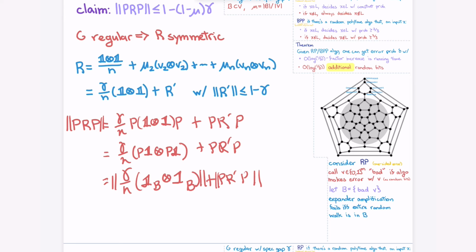Maybe just to make it simpler, what would be the eigenvalue just of this? Well, this is not a normalized vector.